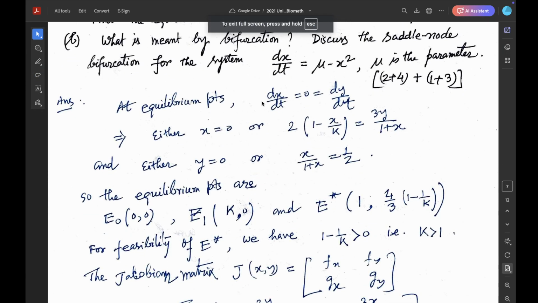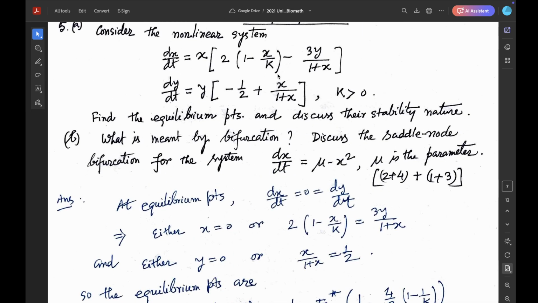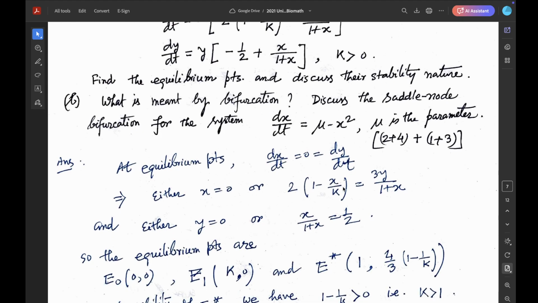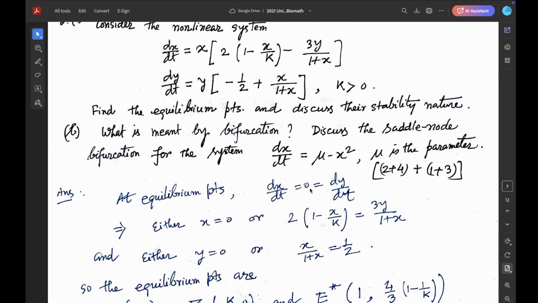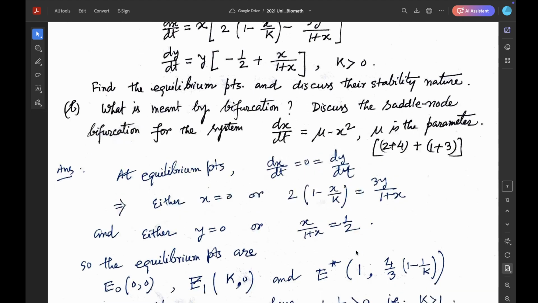For equilibrium points, d/dt of x equal to 0 equal to d/dt of y. So from the first equation, d/dt of x equal to 0 implies either x equal to 0 or this factor is 0. From the second equation, d/dt of y equal to 0 gives either y equal to 0 or x by 1 plus x equal to half.